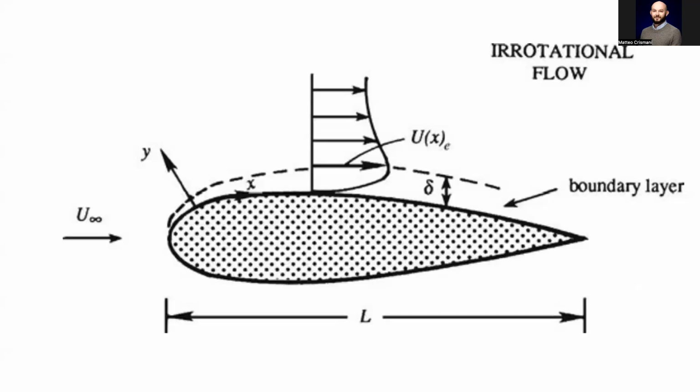Okay. And the width of that boundary layer, delta, or the height of that boundary layer, is going to change as a function of various parameters here. Cool? Questions, comments, concerns?